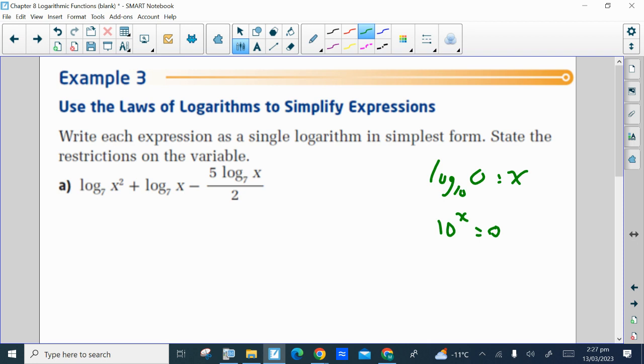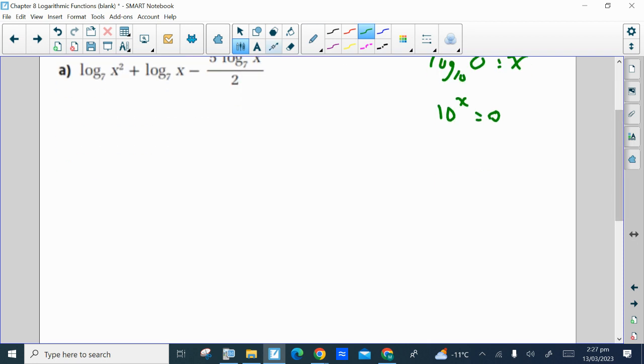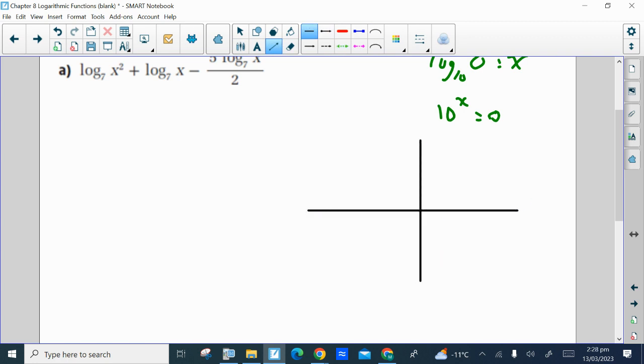Also, the fact that the graph of a logarithmic function, remember, was the inverse of an exponential, right? The graph of an exponential function, if it was an increasing function, it had a y-intercept of +1, it went something like that. So it goes through the point 0, 1. So remember that a logarithm is the inverse of an exponential function. To get points on the inverse, you switch x and y around.